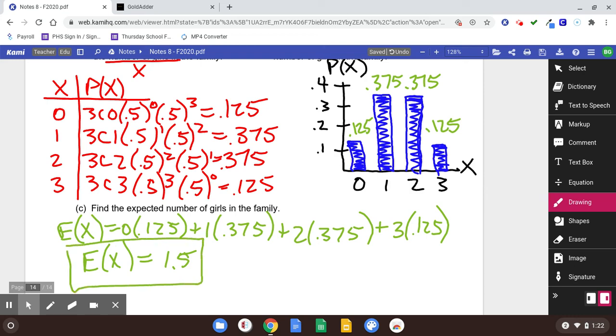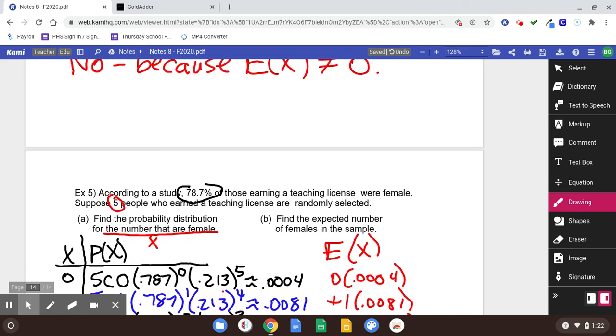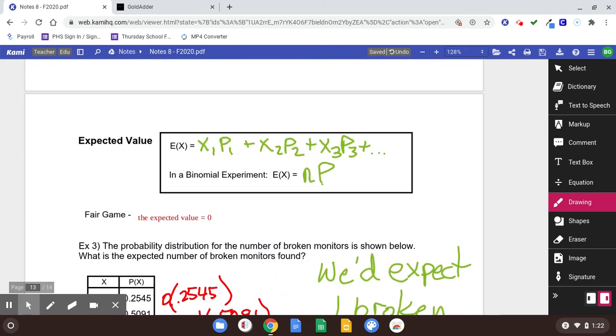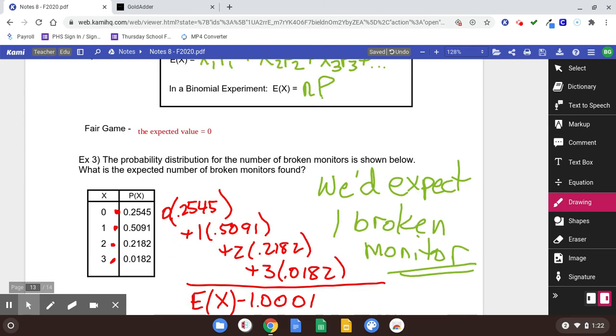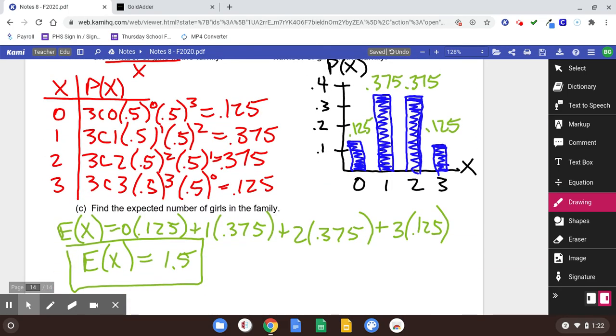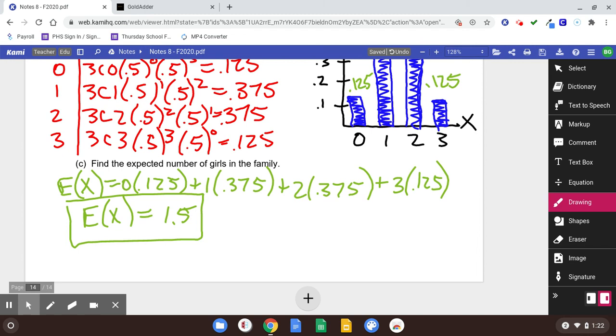Okay, but as you recall, or maybe you don't recall, but if you go back and look, the expected value has two different formulas. We've done this one every time, but in a binomial experiment, you can also find the expected value with this simpler formula, n times p. So if you think about it, this is a binomial experiment, so either it is or it isn't.